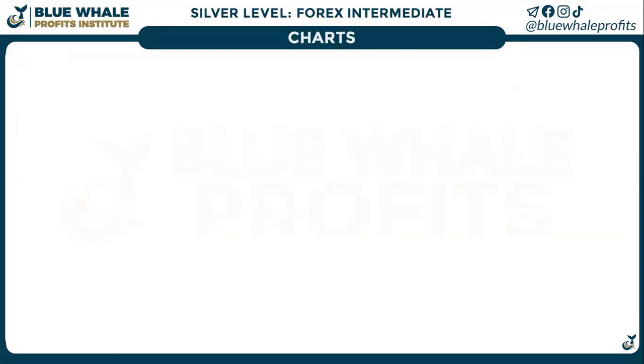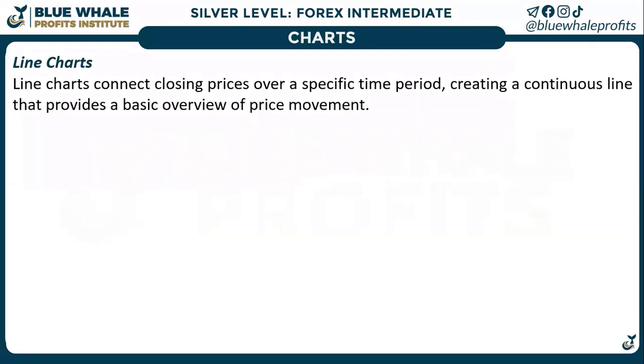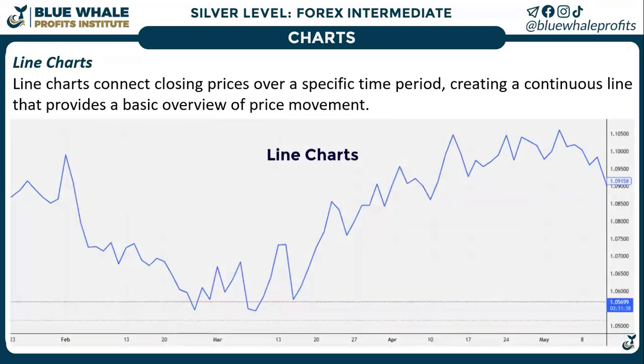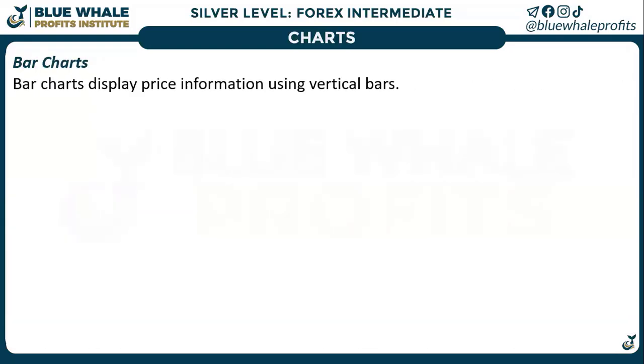So moving forward, line charts connect closing prices over a specific period, creating a continuous line that provides a basic overview of price movement. Okay, so this is an example of a line chart. We've seen it a lot of times once we start trading. We have the bar chart. The bar chart displays price information using vertical bars.